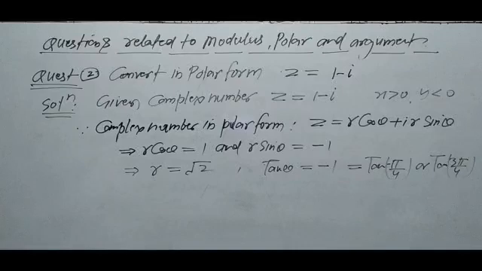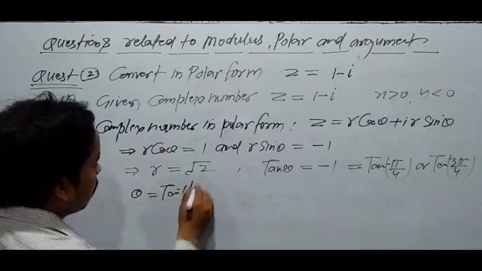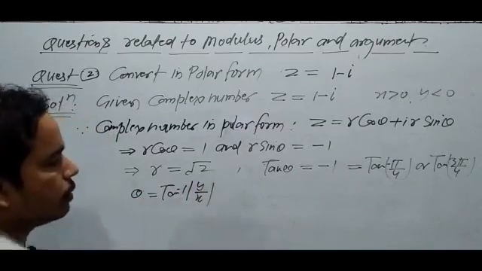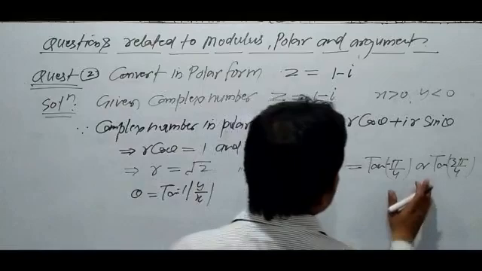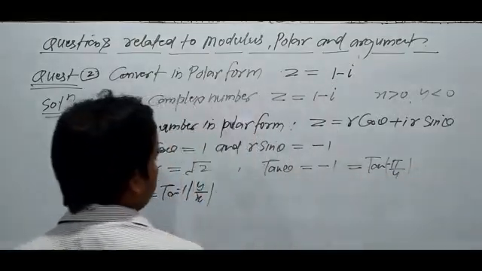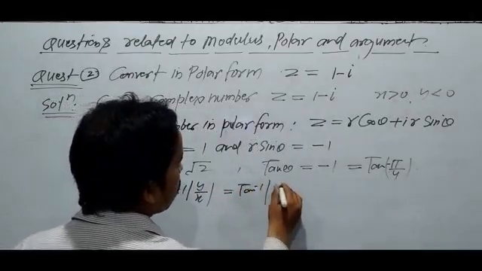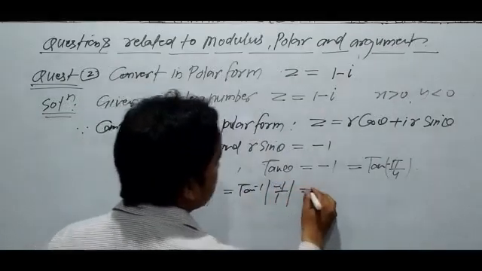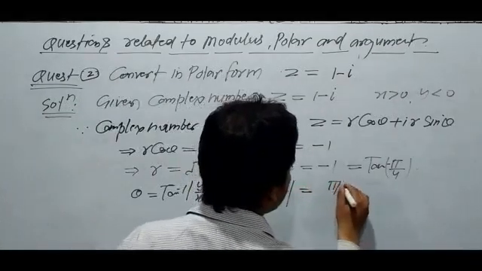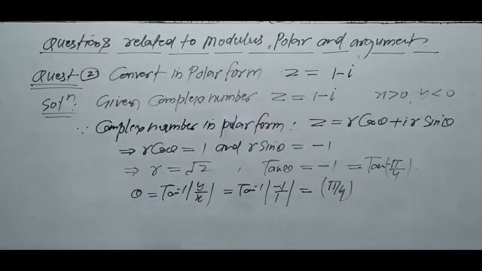So you take the mod, and theta is tan inverse of mod of y by x, which is tan inverse of mod of minus 1 upon 1, and the result is pi by 4. Now theta is equal to pi by 4.